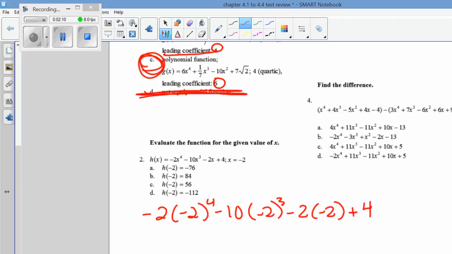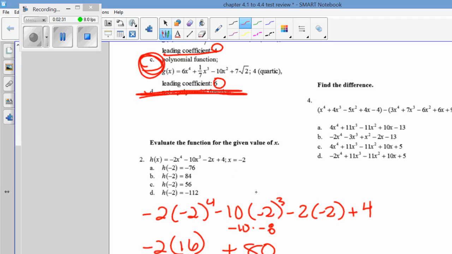So 2 to the 4th power is 16, and it's multiplied with that negative 2. 2 cubed is 8, and negative 2 cubed is negative 8. So this is like saying negative 10 times negative 8, which is positive 80.